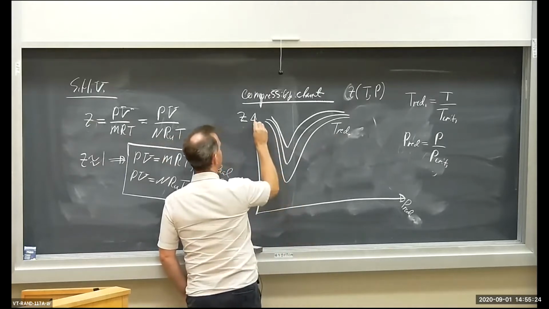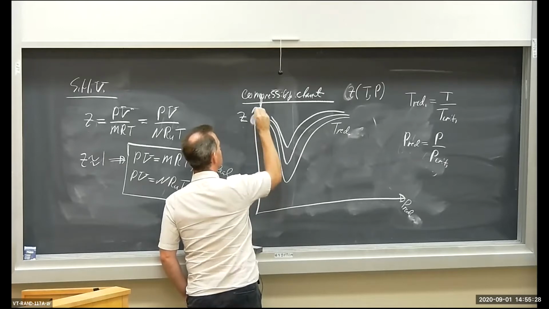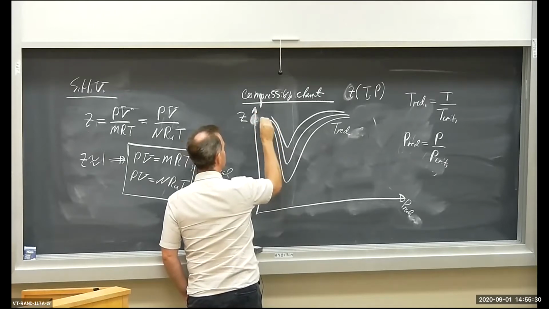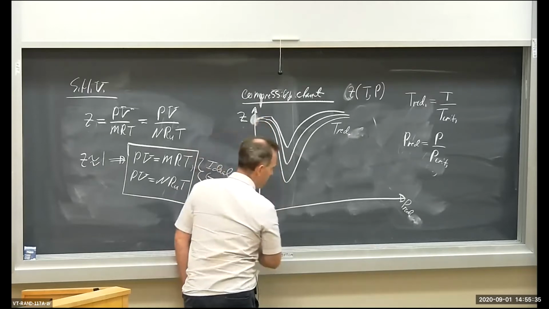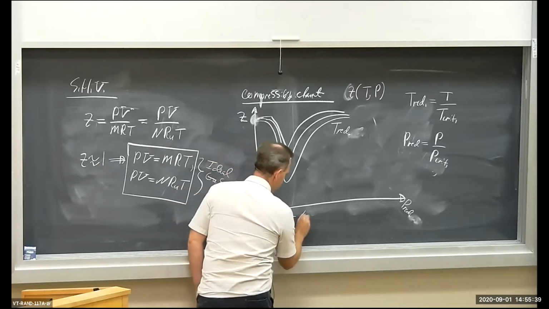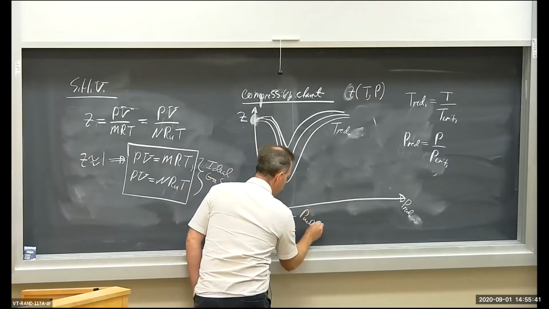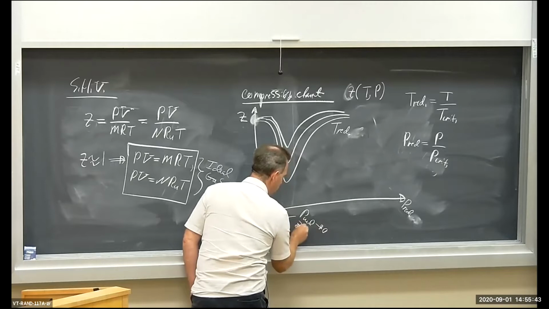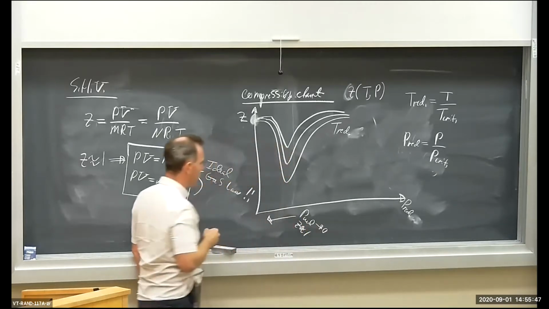as the reduced pressure goes to 0, P reduced goes to 0, Z becomes approximately equal to 1, okay?